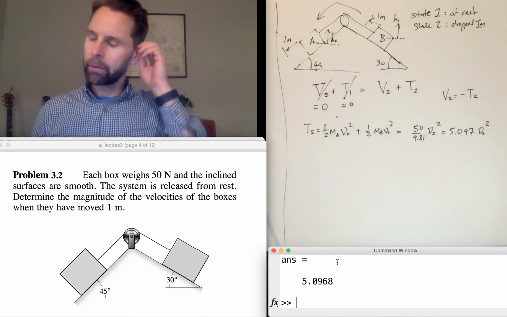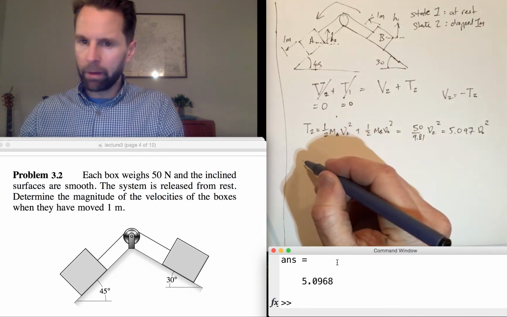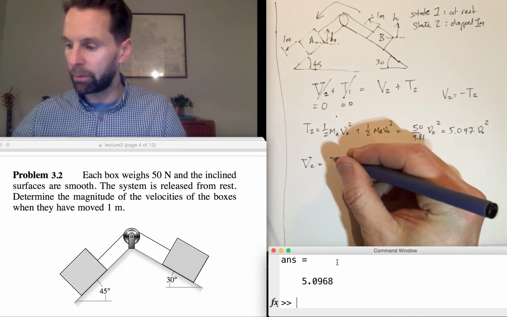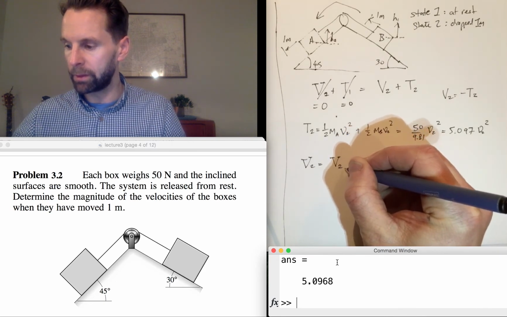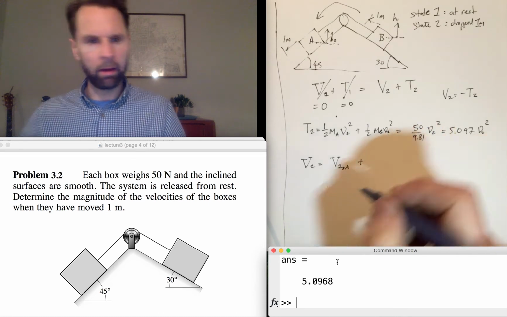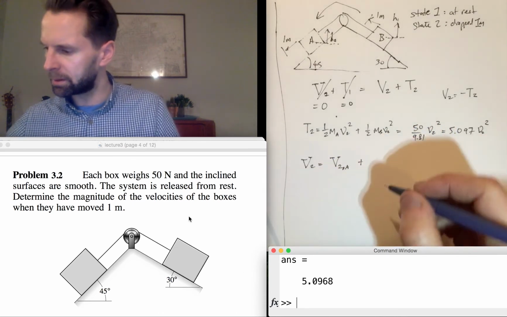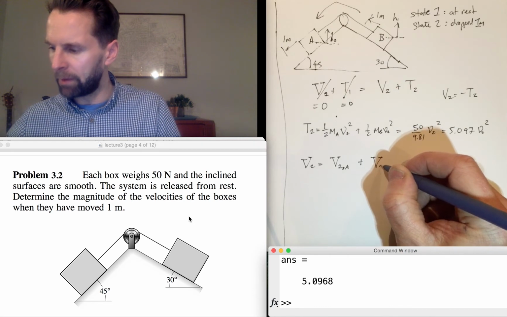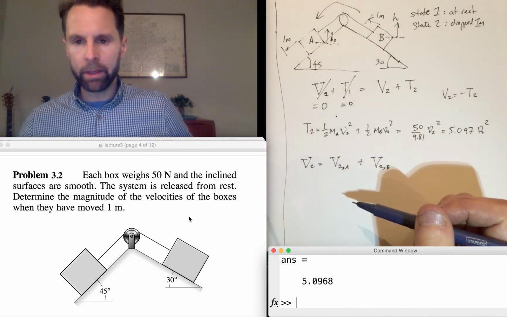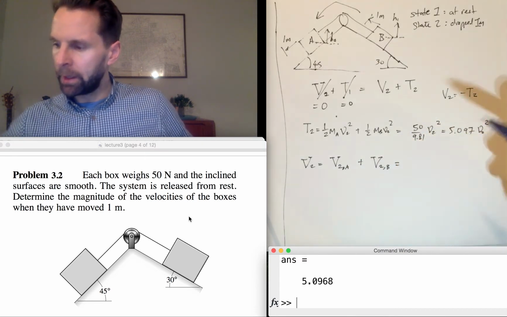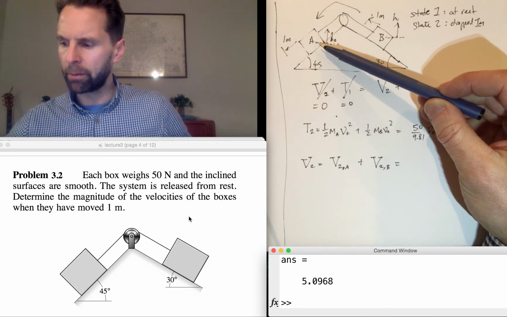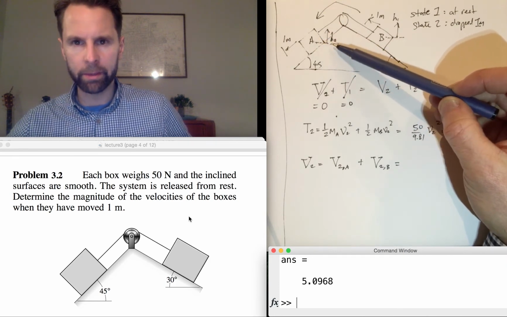Now we're going to evaluate the potential energy at state 2, and it's got two components because there are two boxes: V2 of box A, and then V2 of box B. And this is where we need just a little bit of trigonometry. If you look at box A, it's going to be negative, isn't it, because h2 is going to be negative.